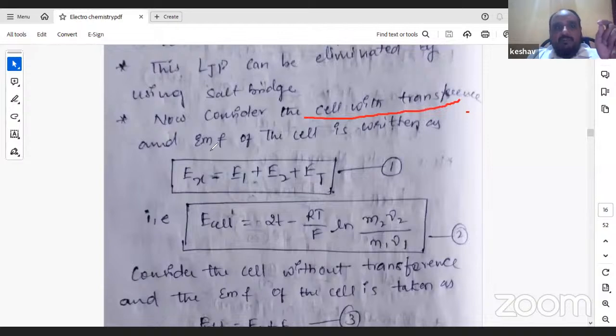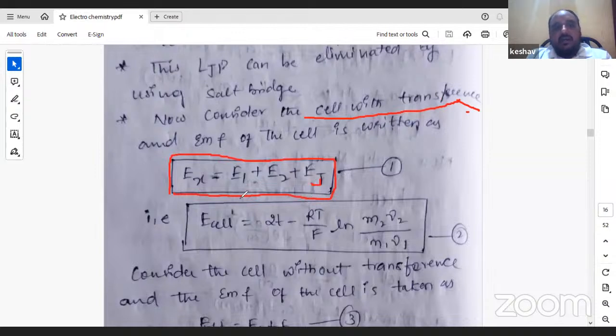Consider the cell with transference. With transference means there is a direct transfer of ionic species. The EMF of this cell can be written as E is equal to E1 plus E2 plus EJ, which means it has liquid junction potential.